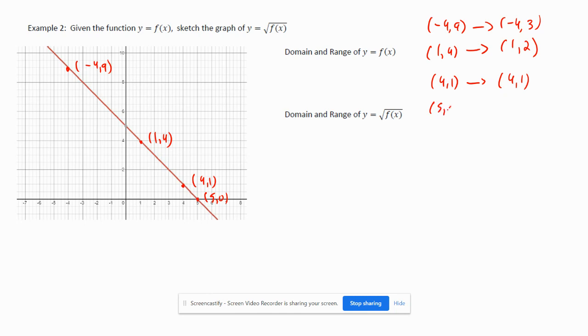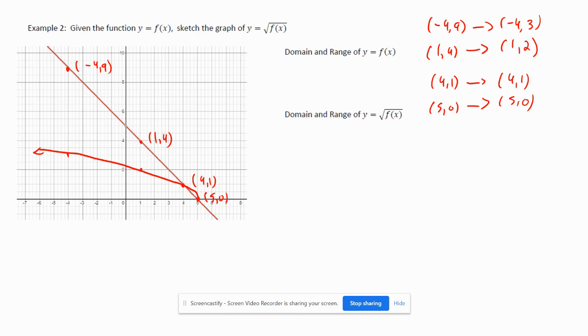And (5, 0) stays invariant as well at (5, 0). So (1, 4) comes down to (1, 2), and (-4, 9) comes down to (-4, 3), and this graph is going to look like this. We can't take any negative y values and square root those, so the graph does not go any lower than this, and the graph starts over here.